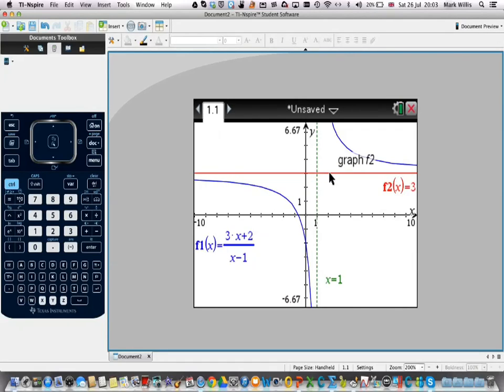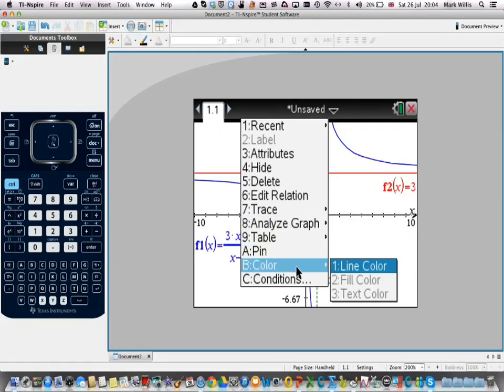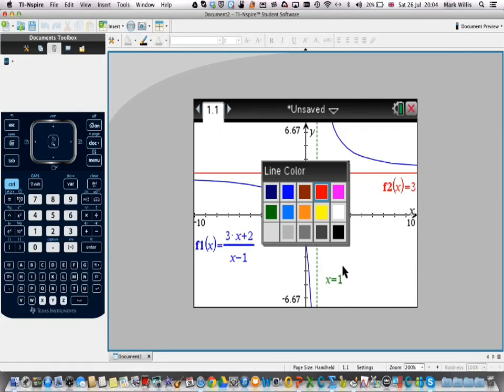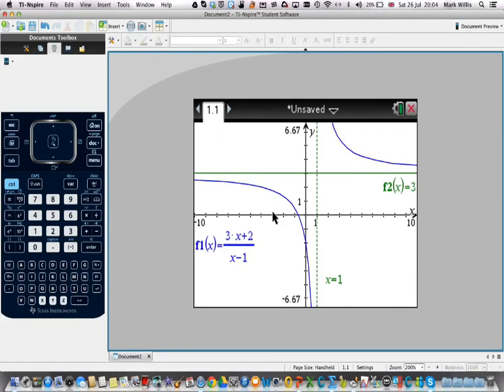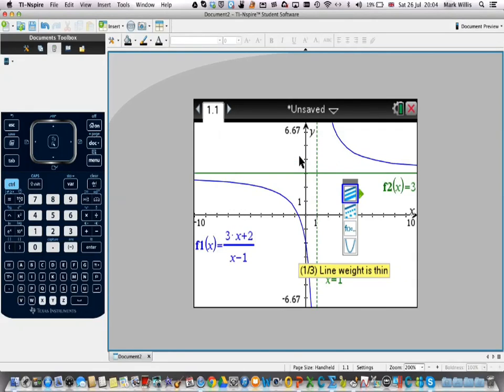So remember, right click, control and menu on your calculator. Go to B, line colour, change the line colour to green. Again, do control and menu, and then go to attributes, again with the arrow key going down. Arrow key once and twice and press enter.